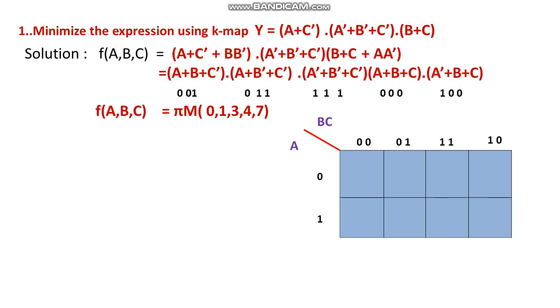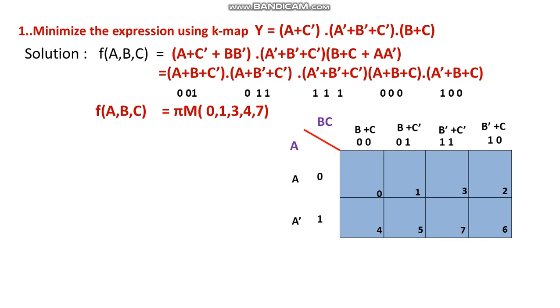So how will we write here? So this is your A, right? And this is your A bar, right? So similarly in the columns, this is B plus C, and this is B plus C bar, B bar plus C bar, then B bar plus C. Okay, right? We will write the cell numbers as usual, right?